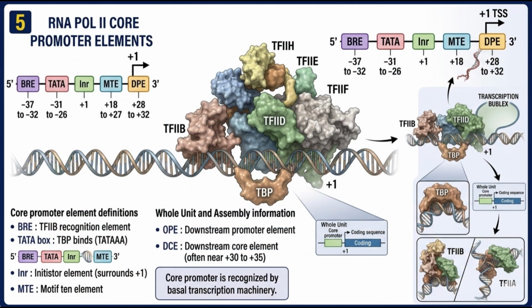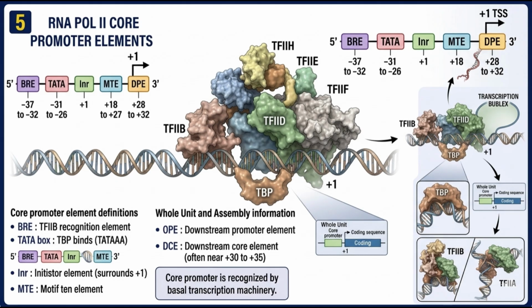RNA Pol II core promoter elements. Let us examine the core promoter elements recognized during RNA polymerase II transcription. The BRE, or TFIIB recognition element, serves as the binding site for TFIIB. The TATA box is recognized by the TATA binding protein, or TBP.